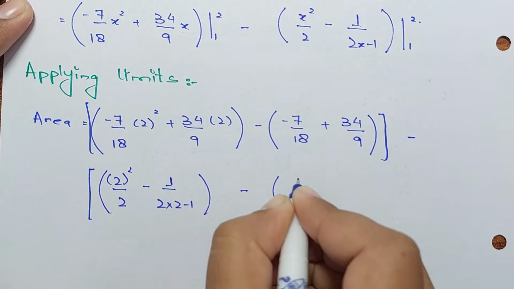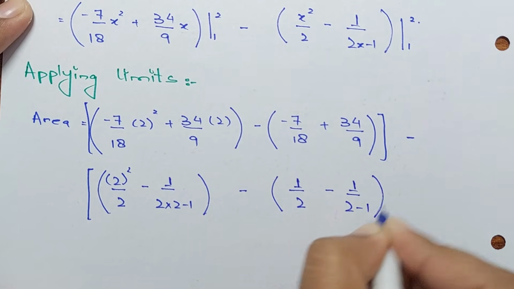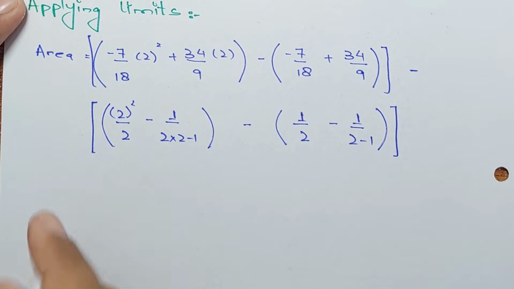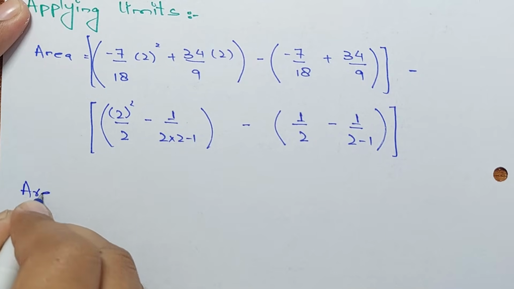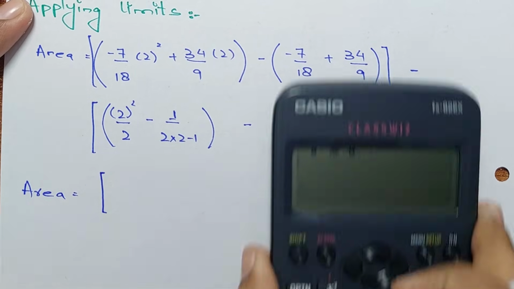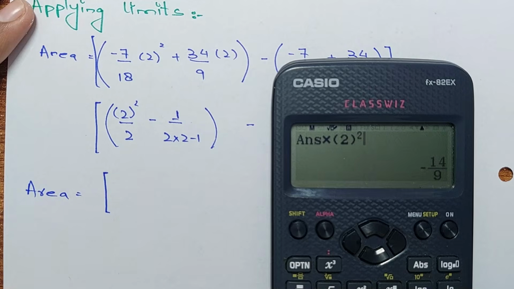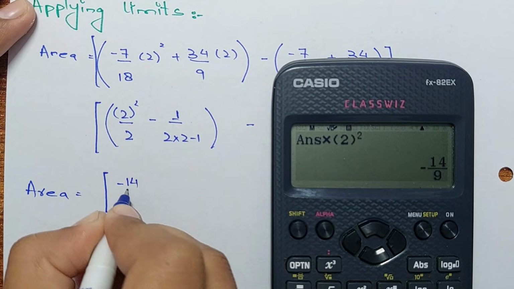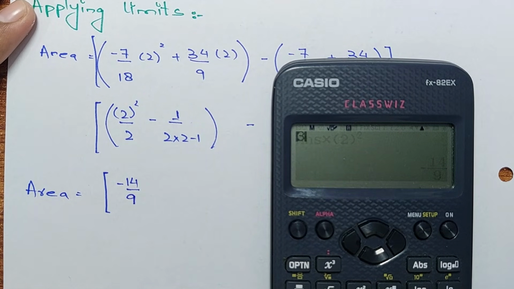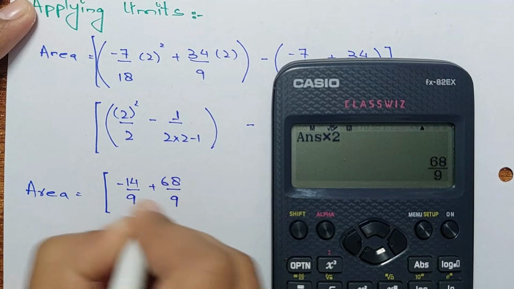Subtract the lower limit: 1 square is 1, over 2, minus 1 over (2 minus 1). Okay. Now further simplify, the area becomes minus 7 divided by 18 multiply 2 square, which is negative 14 over 9, and 34 divided by 9 multiplied by 2, which is 68 over 9.